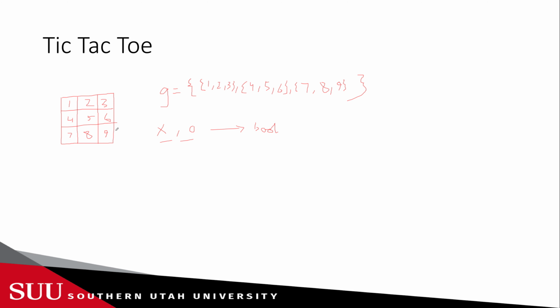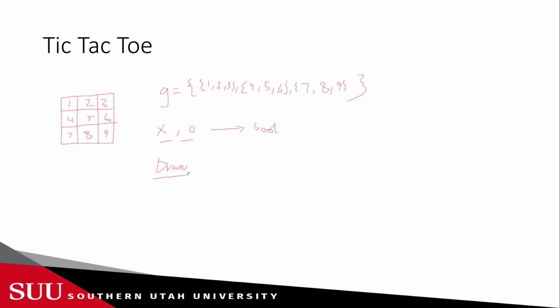What else do I need? I will need to basically check for a winner, right? So if I get all X's in any row or column or diagonal, same thing goes for O, then I need to declare a winner. Another case that we have is if we fill the whole thing but there is no winner, so this is basically a draw case, right?